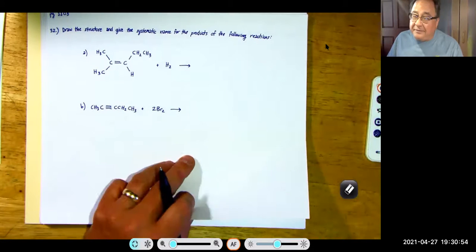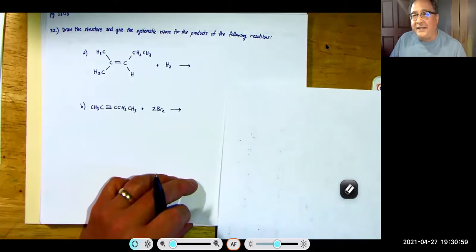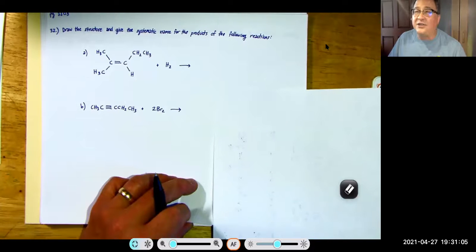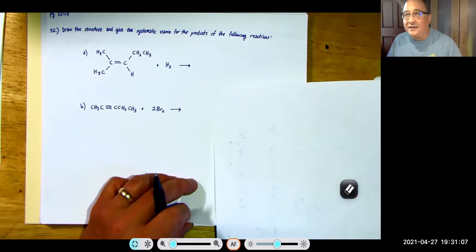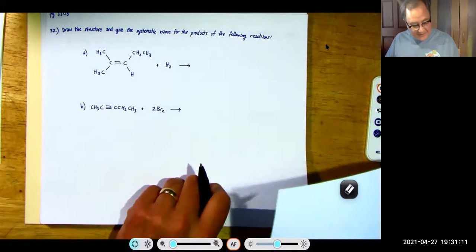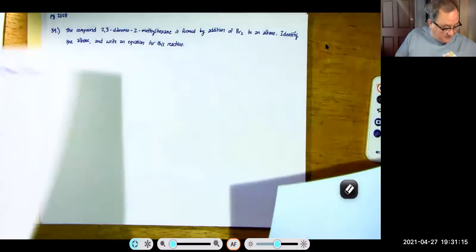IUPAC stands for what? International. I don't know what the UP stands for, or the AC. No, wait. International Universal. I don't know what the rest is. Actually, that universal part may be wrong.